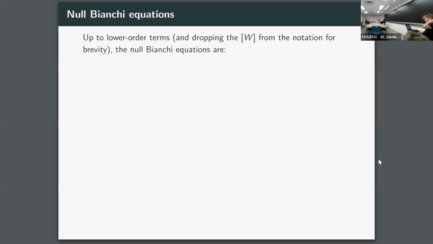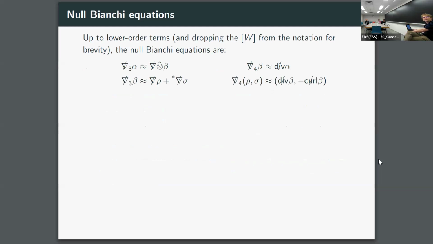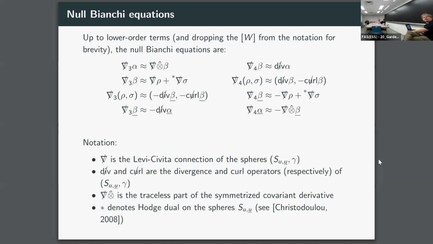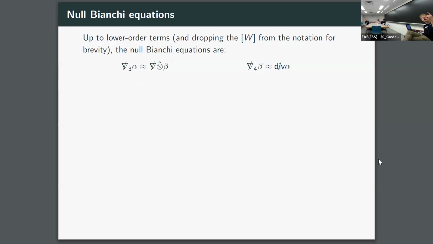Okay, and so what are the null Bianchi equations in a slightly less schematic, slightly more rigorous form? For the components alpha and beta, I'm dropping the W in brackets from the notation just so I don't have to keep writing it, but these alpha and beta are components of the Weyl tensor itself. I'm writing them in pairs here because they come in pairs.